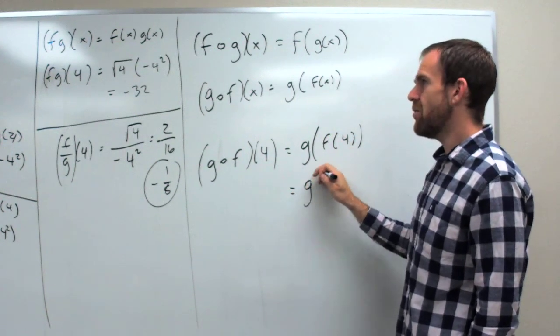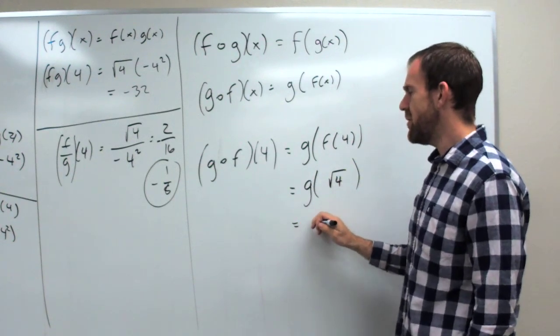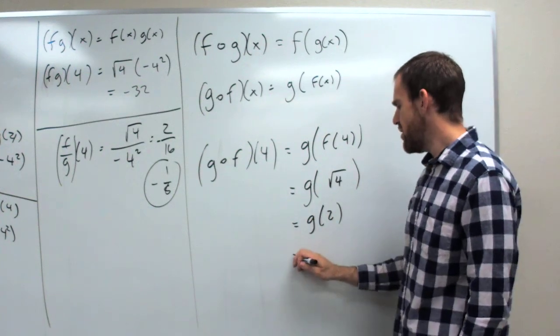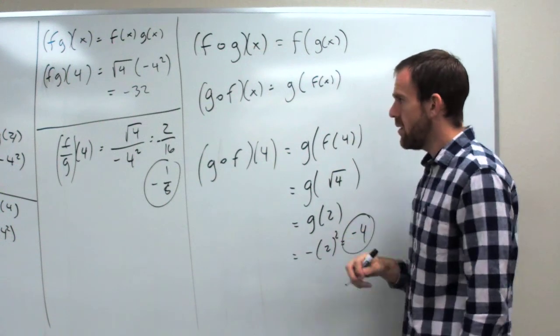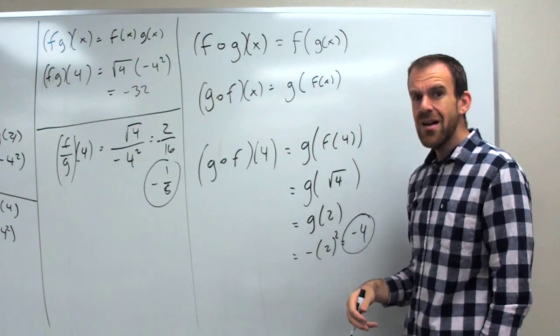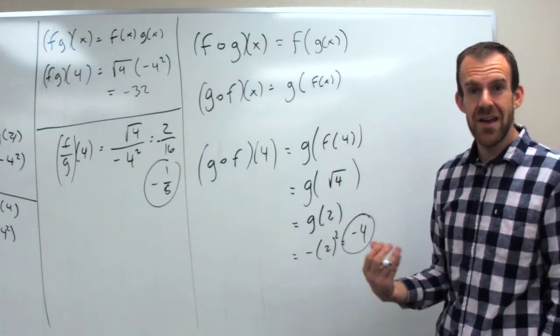Well, f of 4 was the square root of 4. So that's 2. So now I'm going to do g of 2. G was negative x squared, so it's negative 2 squared, which is negative 4. Okay? In this case, if I switch it and do f of g of 4, it actually has no solution because we have to take square root of a negative number.